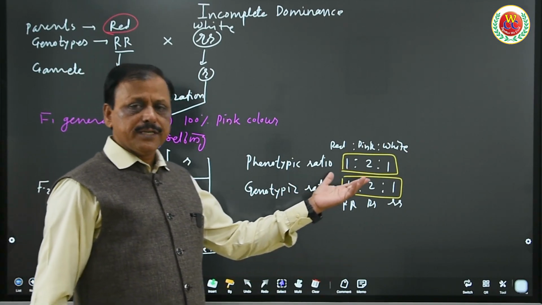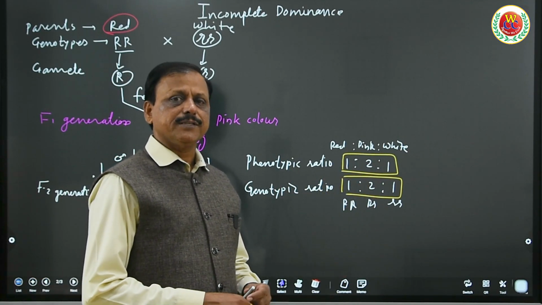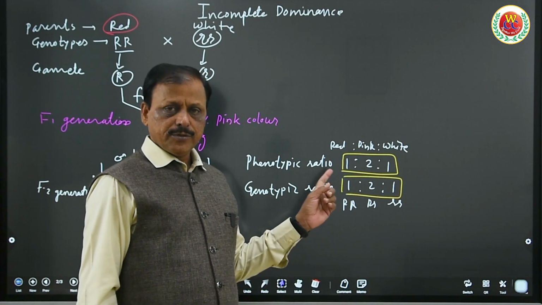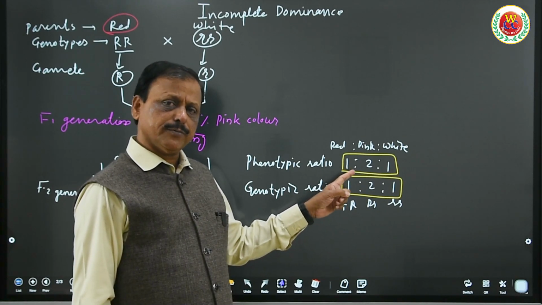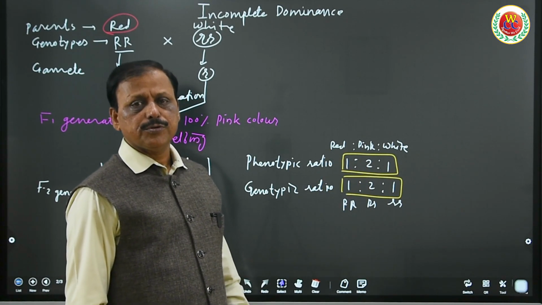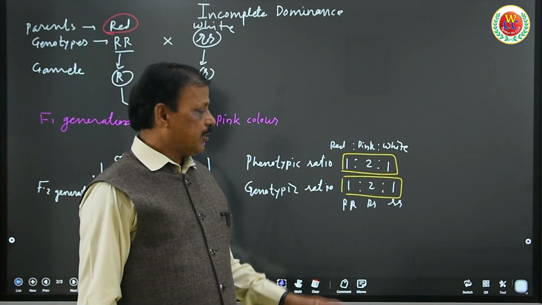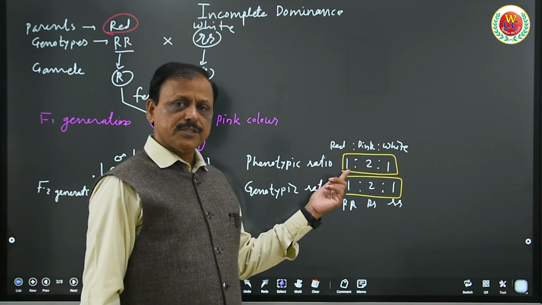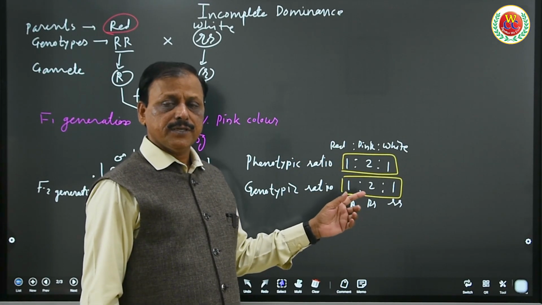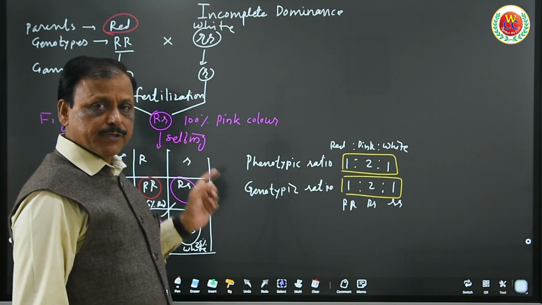So for NEET, if a question asks which of the following laws has both phenotypic and genotypic ratio the same, as 1 is to 2 is to 1, or which example has both the genotypic and phenotypic ratio remaining the same, that is the law of incomplete dominance.